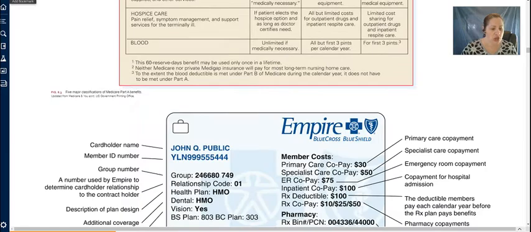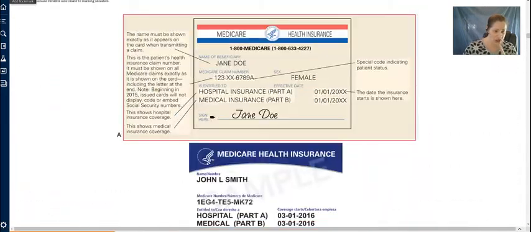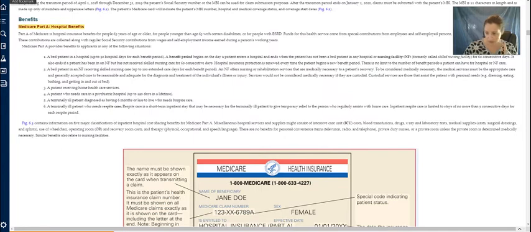Okay. Part B. Oh, nope, there was one more thing with Part A I wanted to talk about. Respite care, right here. Respite care is a term used when you have somebody who needs round-the-clock care, but they're at home.